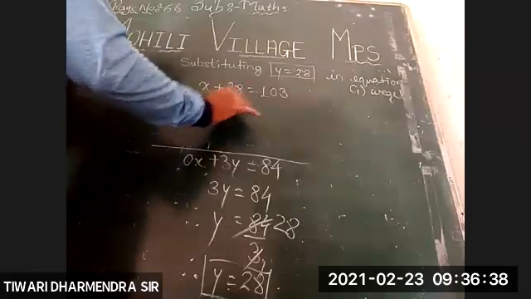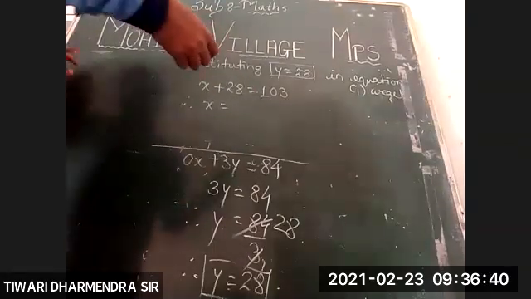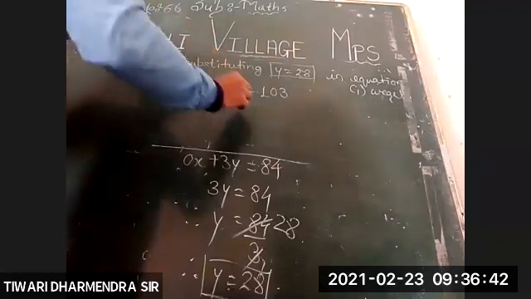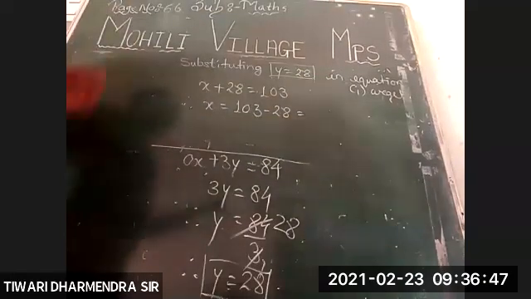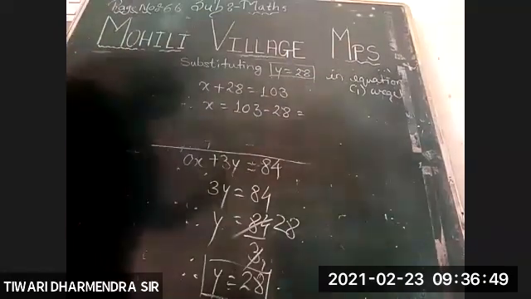Therefore x is equal to, taking 28 to the right hand side, it takes a negative sign, 103 minus 28. So the required answer is 75.